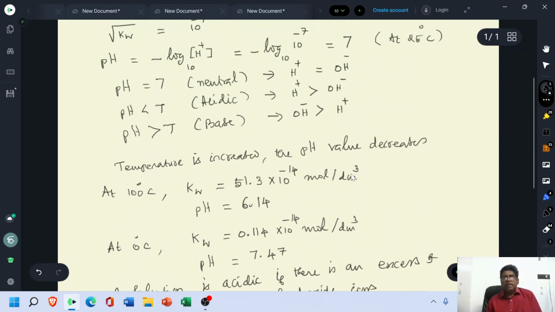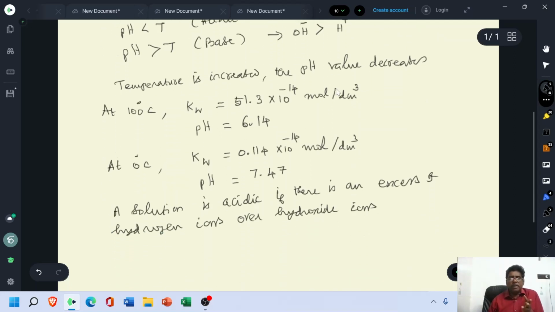As we discussed earlier, the number of H plus ions should be greater than the number of OH minus ions if the solution is acidic. But in the case of water, even at 100 degrees Celsius, the number of H plus ions is equal to the number of OH minus ions. Therefore, water is not having the acidic property even at 100 degrees Celsius. Still, water is maintaining its neutral property.